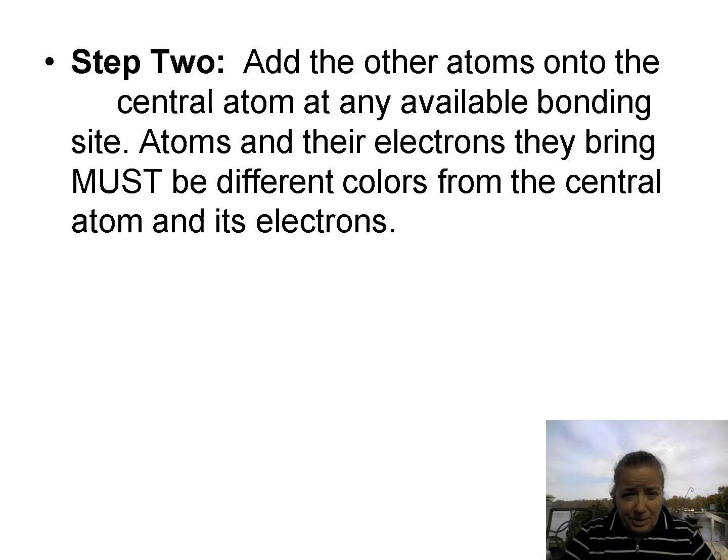But you can at least see what I'm doing. Also, I'm using different colors so that you can see which electron came with which one and what's getting shared. You should do that same thing, different colors. That shows me that you know what's going on.